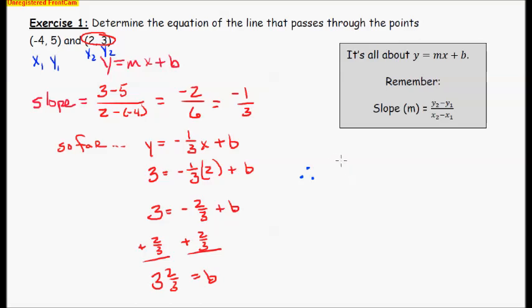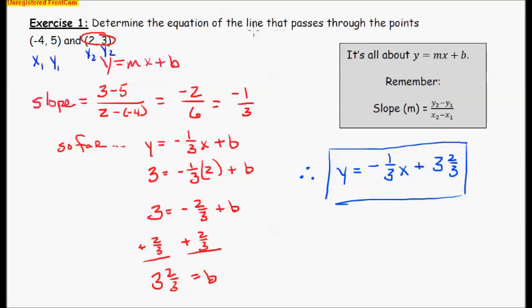That means thus, henceforth. So thus, what I have is y equals my m, which I already figured out to be negative 1/3, my x, I'm just going to leave it there, and my b, which I just figured out to be a positive 3 and 2/3. So there is my equation of the line that passes through these 2 points.